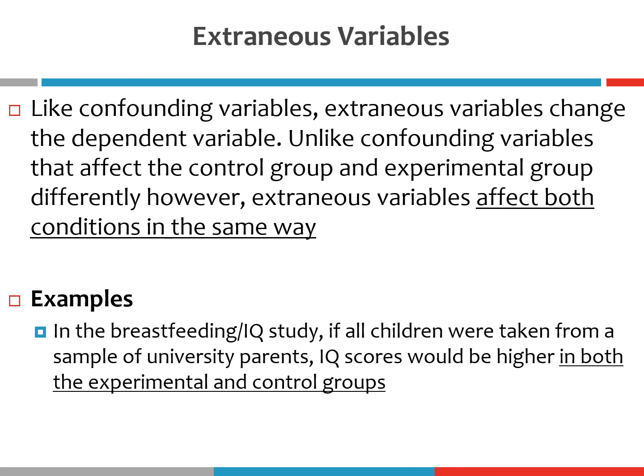Similarly, in the breastfeeding IQ study that we talked about in my last video, if all of the children were taken from a sample of university parents, IQ scores would be higher in both the experimental and control groups. Okay? So, like confounding variables, extraneous variables induce a change in the dependent variable, but unlike confounding variables, they affect both groups equally.